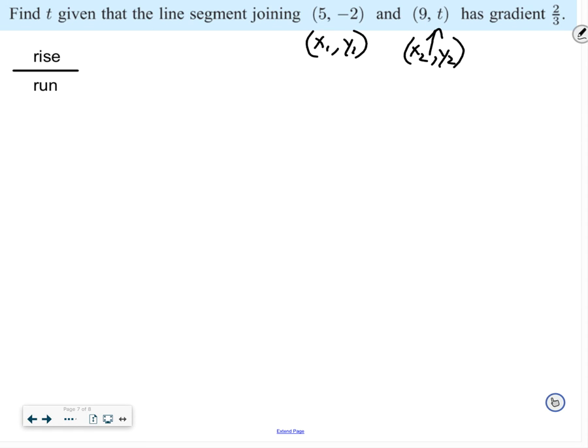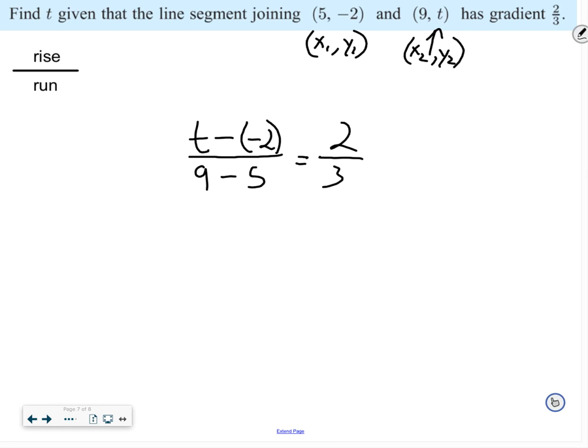Okay, and that's going to be equal to my gradient. So I already know my gradient is 2/3. What I'm trying to solve for is the t. So change in y. So I'm going to have y2, which is t, minus y1, which is negative 2, over x2, 9, minus 5.